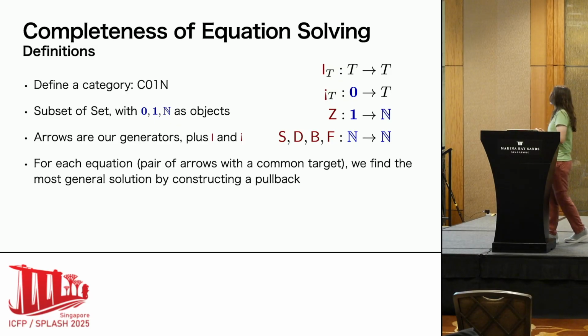So the way that we prove this is we have a subcategory of set, I suppose, with the empty set, the unit set, and the natural numbers. And we take all of our SDBF constructors as arrows from n to n. We can always produce a Z if we have an upside down exclamation mark, which I should have thought of a name for.